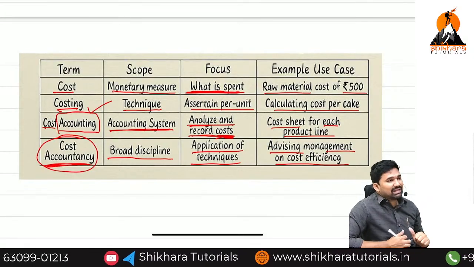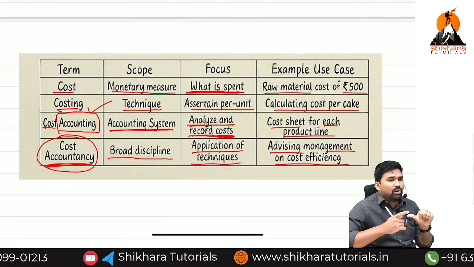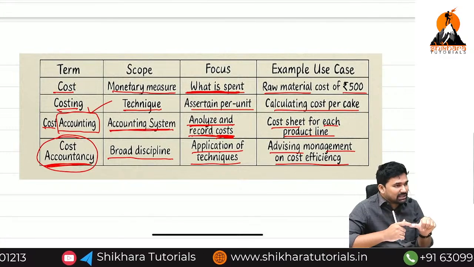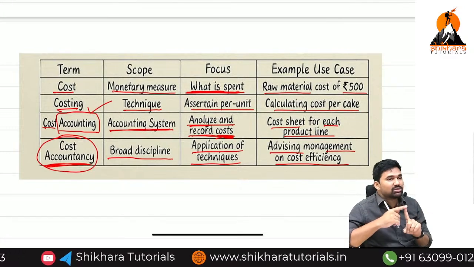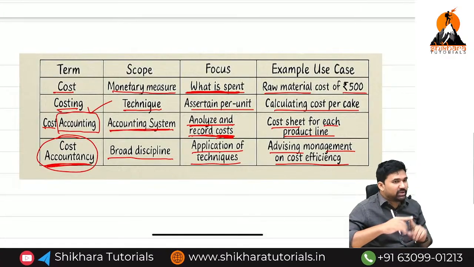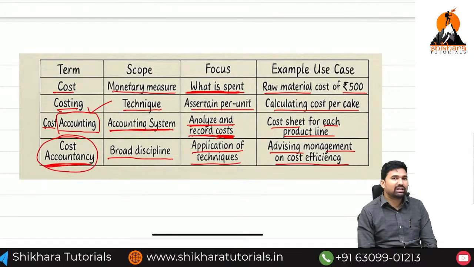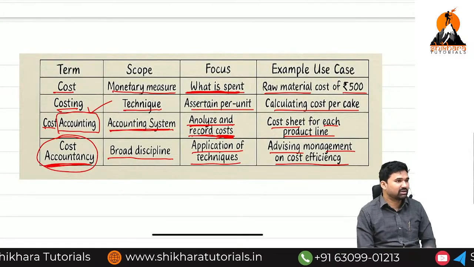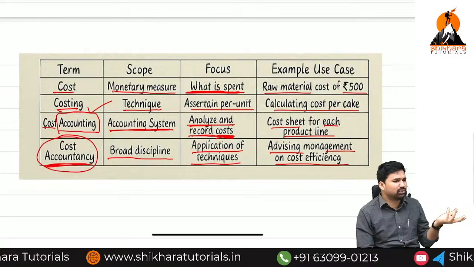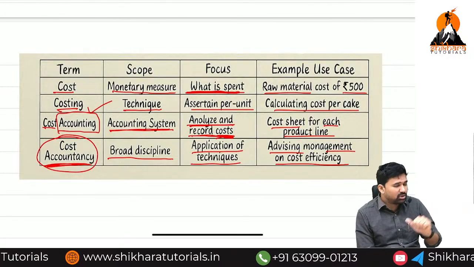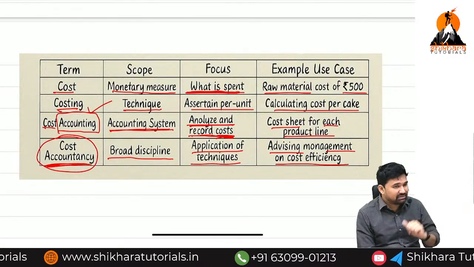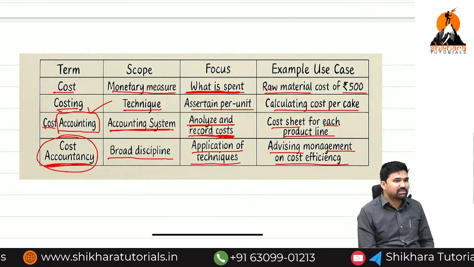Cost is very, very important. Cost is nothing but the amount of money we spent or resources we sacrifice to achieve the goal or the objective. Sir, what is the goal or objective, sir? Three points: producing products, rendering services, acquiring assets. Simple, cost complete.